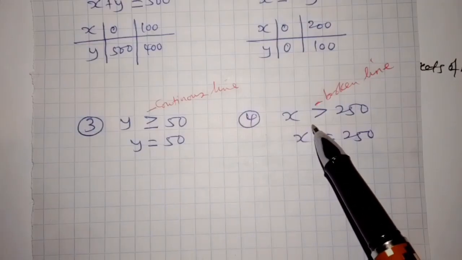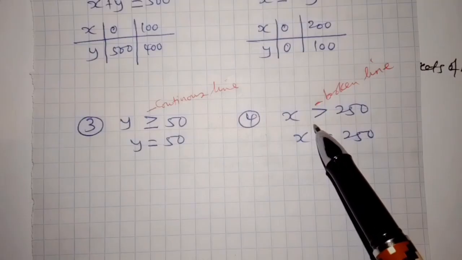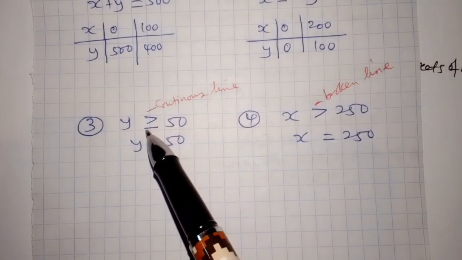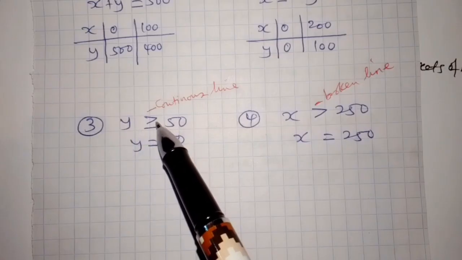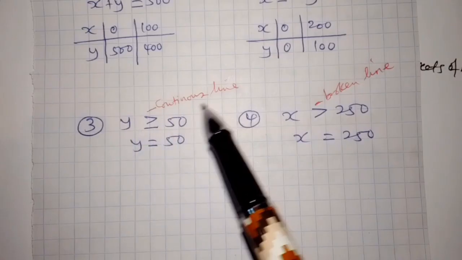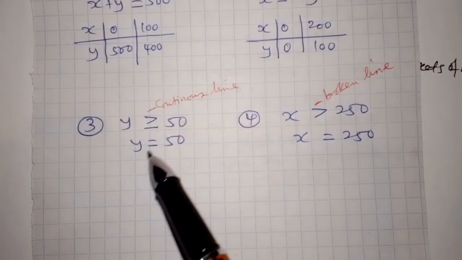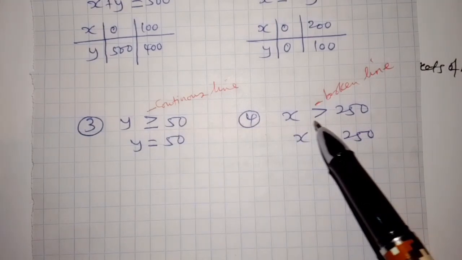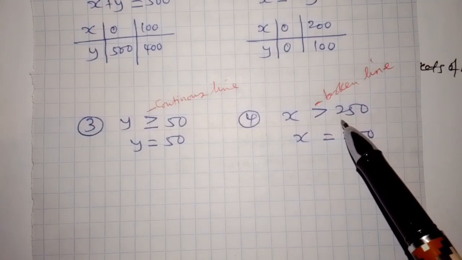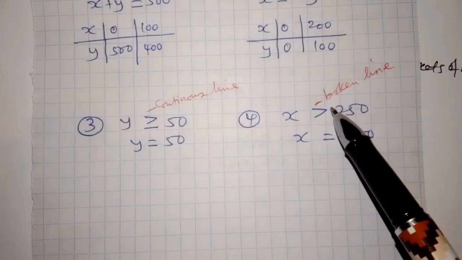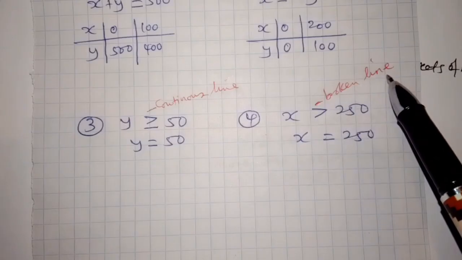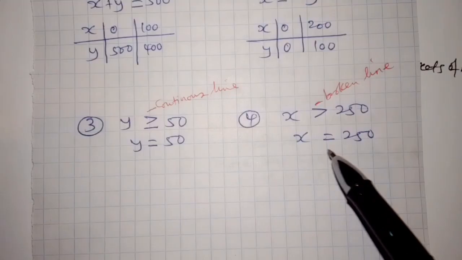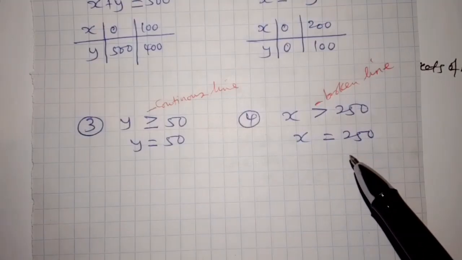X is greater than 250. This one is going to give us a broken line when we draw the line X is equal to 250.